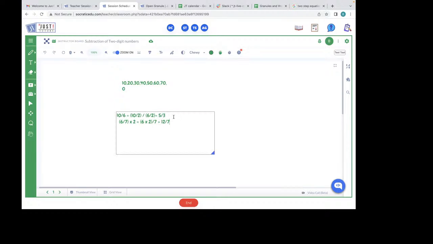Let's say one more example. Okay, let's say we have 3 by 5 and we have to multiply this by let's say 10. So if I multiply 3 by 5 by 10, I have to again multiply the numerator by the whole number.